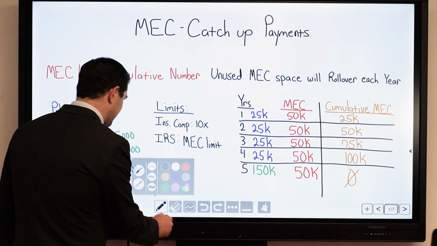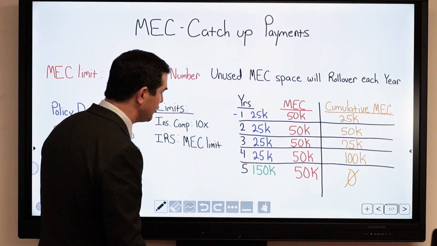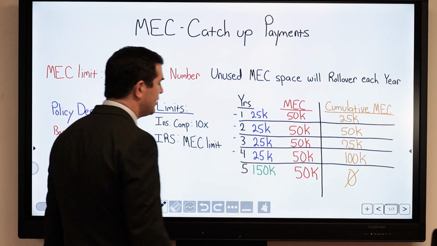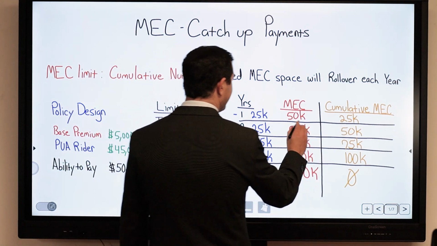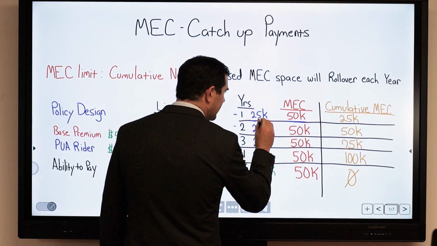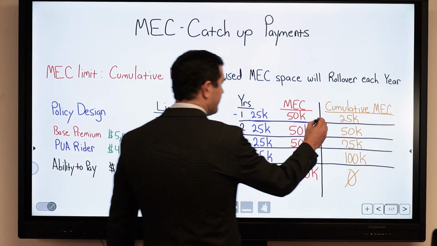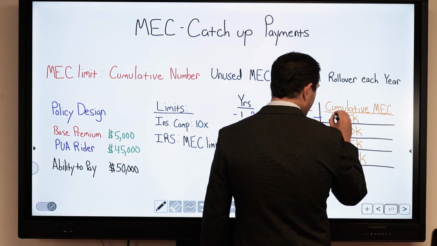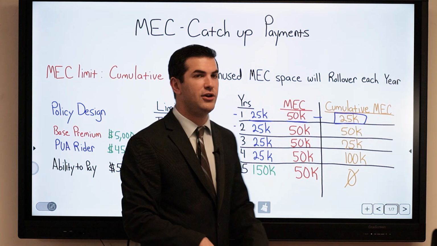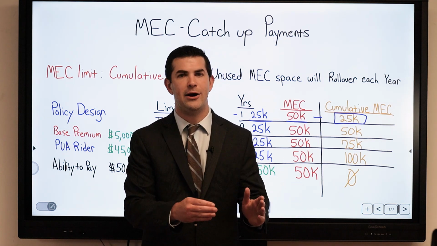Let's say I pay in $25,000 in the first year. We're going to assume the first 4 years. So I could have paid in $50,000, but I only paid in $25,000. That means the additional $25,000 in unused MEC space will continue to compound year over year.